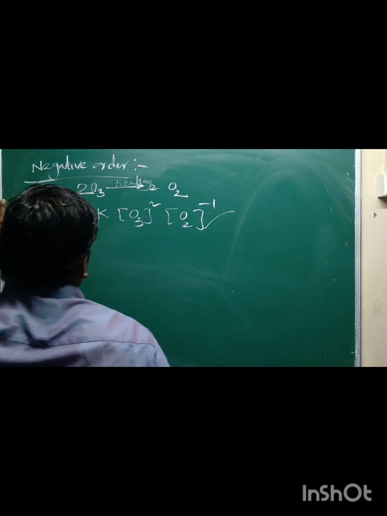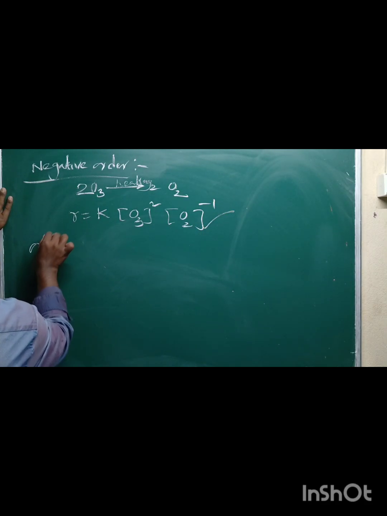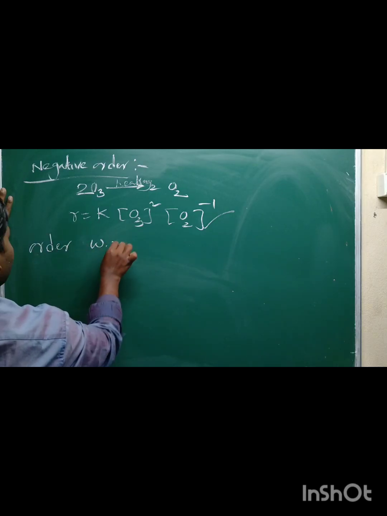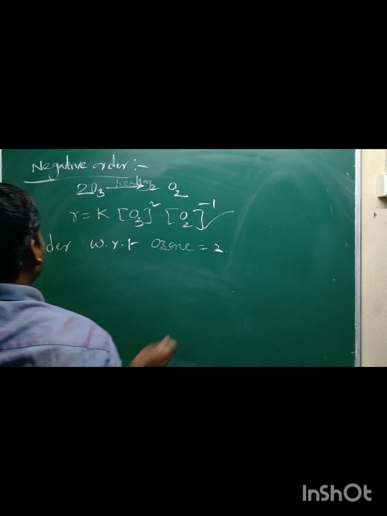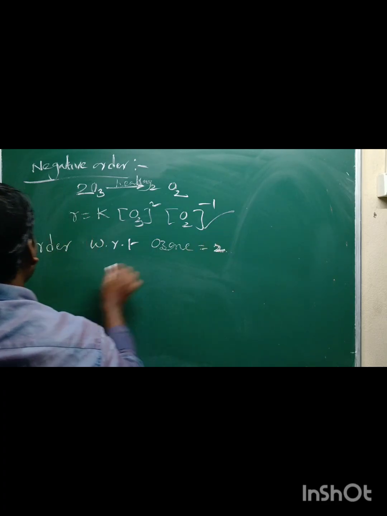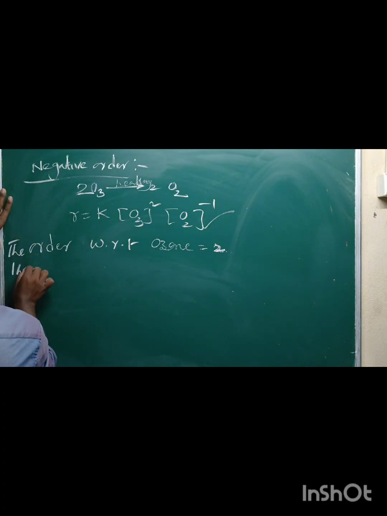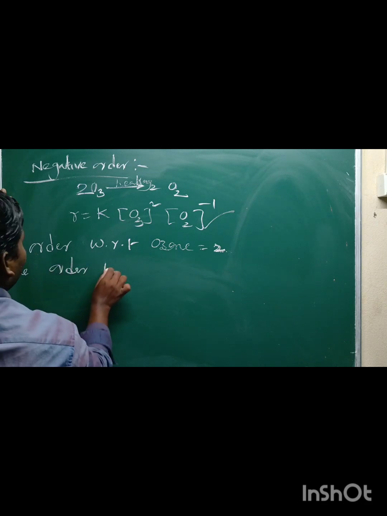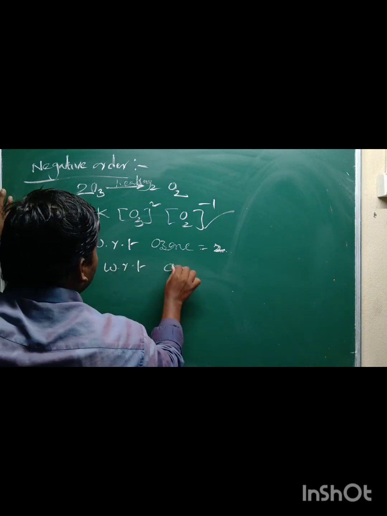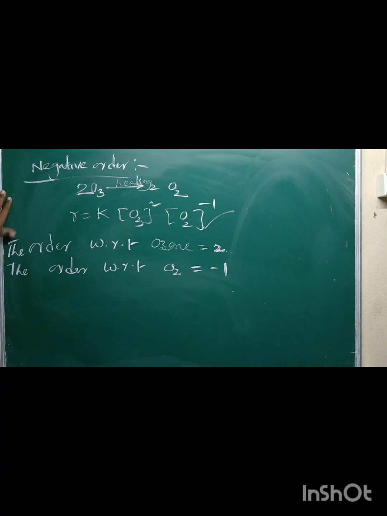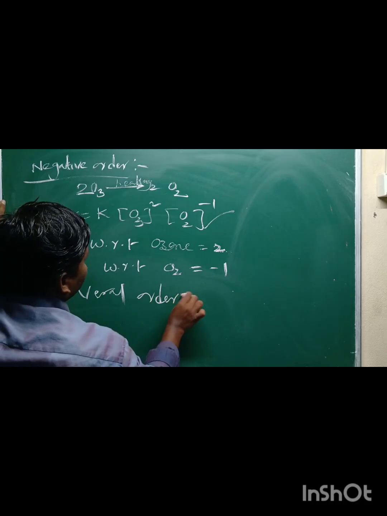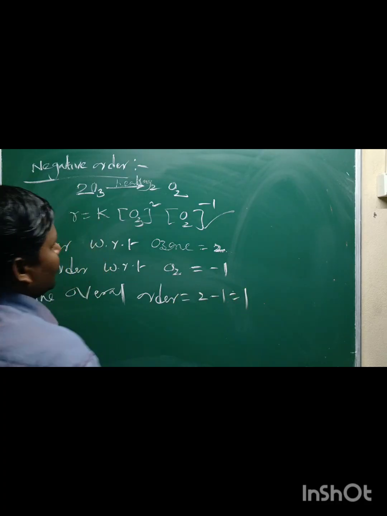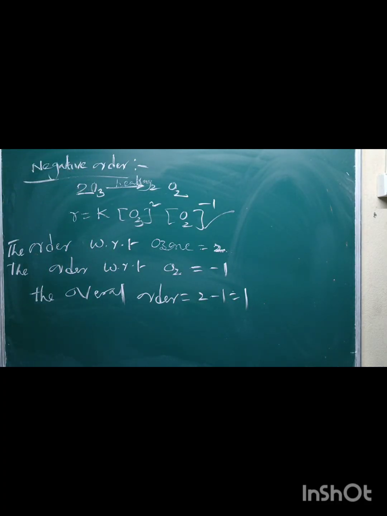How does it come, sir? The order with respect to ozone is equal to 2. The order with respect to oxygen is equal to minus 1. The overall order is 2 minus 1, which is equal to 1.